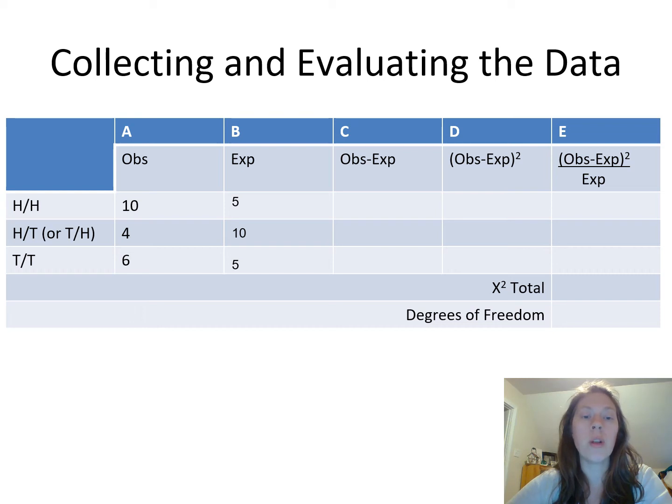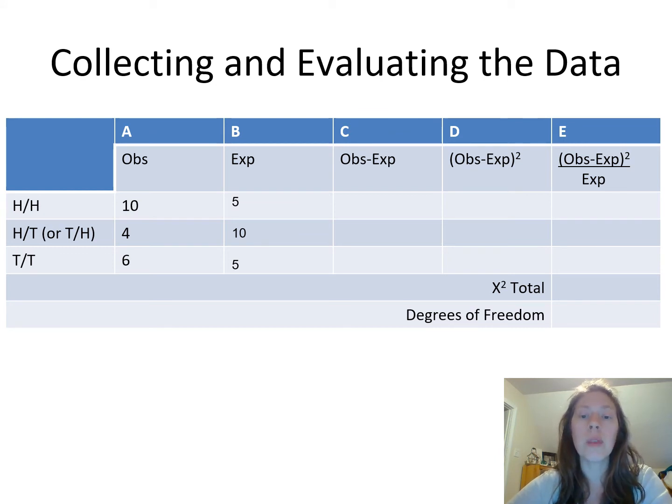I flipped the coin 20 times, so a quarter of 20 is 5. I use the same basic principle here, but again, I've got two ways to do it. So I've got a quarter plus, by the rule of addition, another quarter. So I've got a half, so that would be 10 out of 20. And then again, just like the heads-heads situation, I would have 5 for my tail-tail outcome.